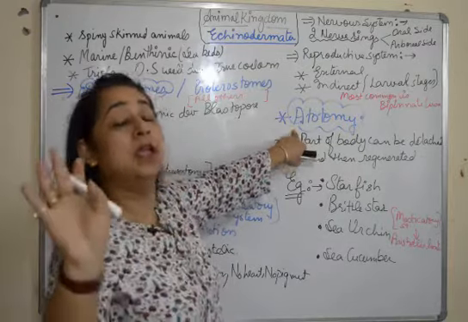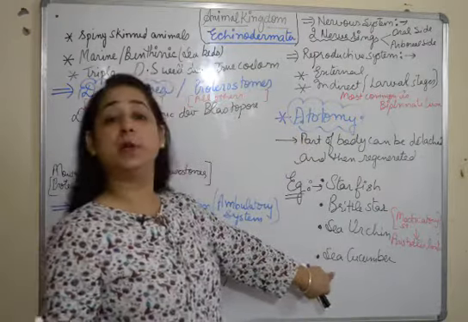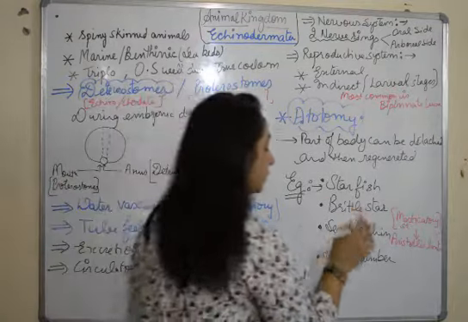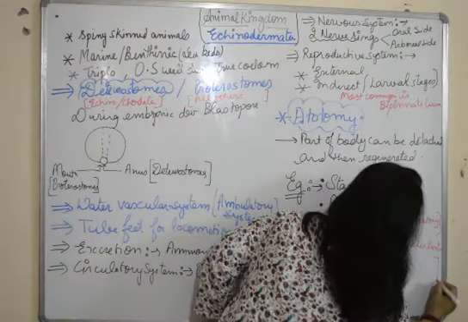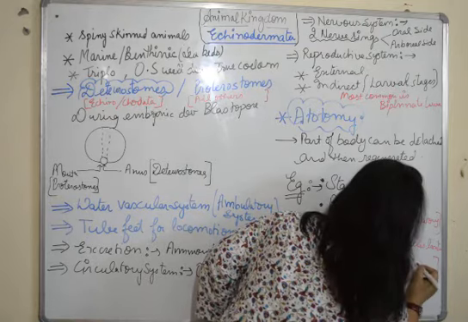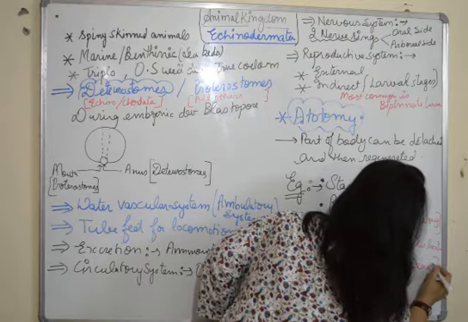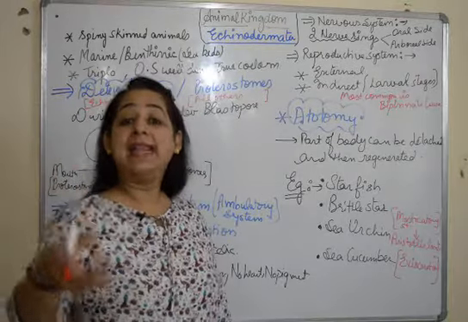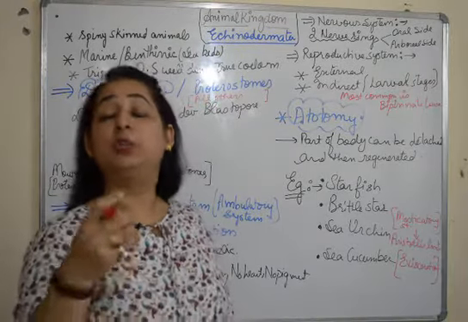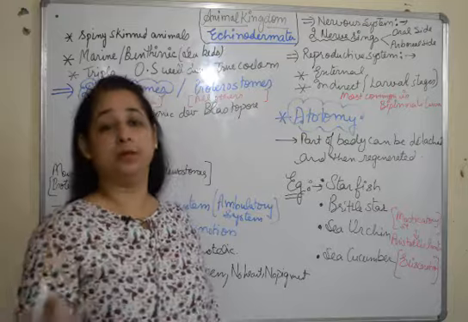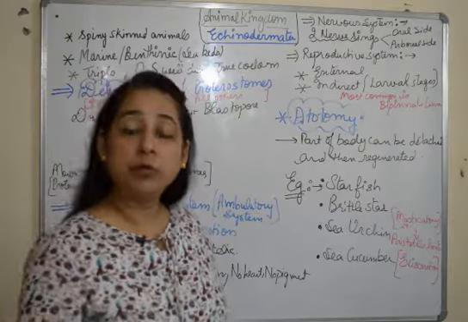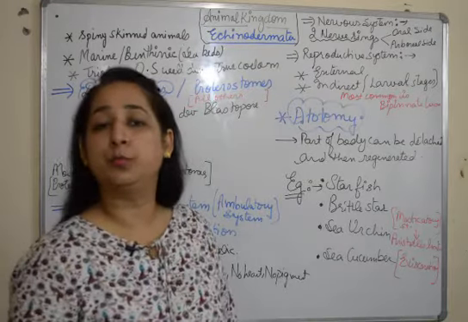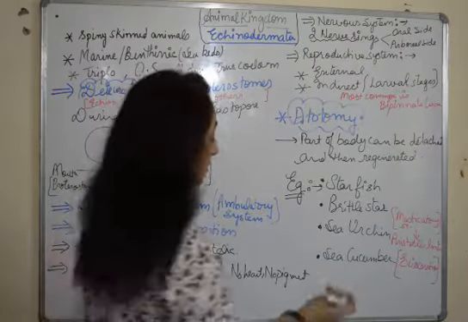Sea cucumber, now herein sea cucumber shows a very different significant feature. I have talked about autotomy, wherein any part of the body can be cut and regenerated, but sea cucumber shows a feature known as evisceration. Evisceration means it throws out any part of the viscera, a part of its gut, maybe intestine, out of the body for defense, and then it will be formed again in its body.